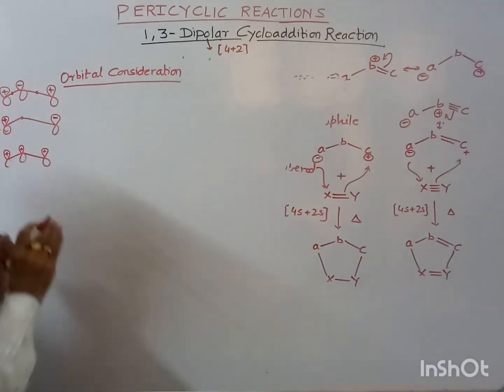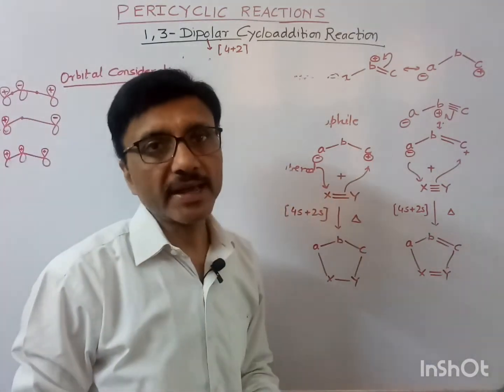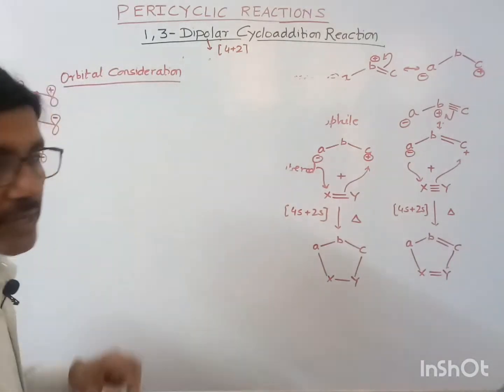So these are the molecular orbitals for this 1,3-dipolar species: psi1, psi2, psi3.